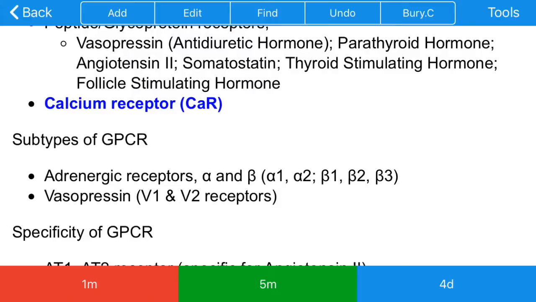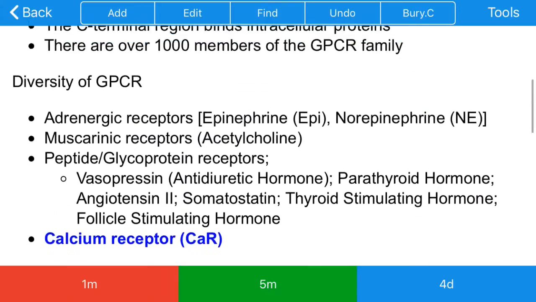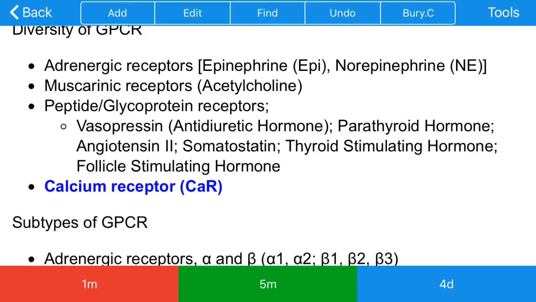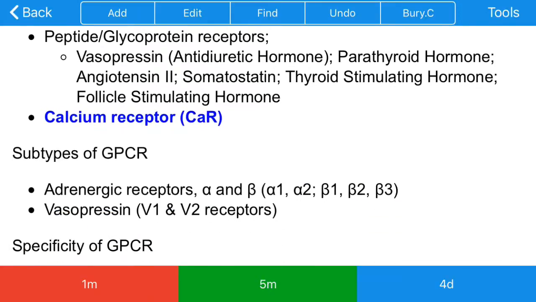Yes, vasopressin. GPCRs. Oh, subtypes. So these are just all the different things. Super diverse. So adrenergic, muscarinic, peptide glycoprotein.